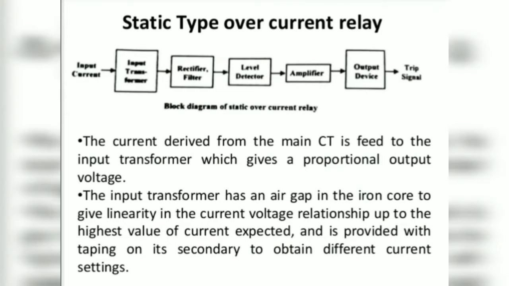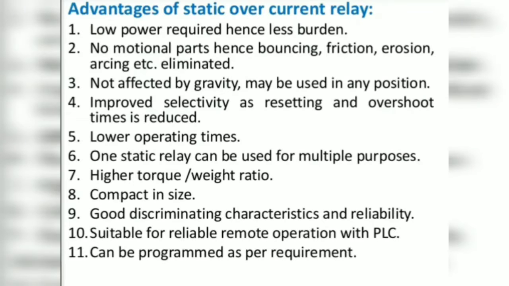Now the advantages of this type of static overcurrent relay. The first is low power required, hence less burden. It requires minimum power to operate. No moving parts, hence bouncing, friction, erosion or arcing is eliminated.